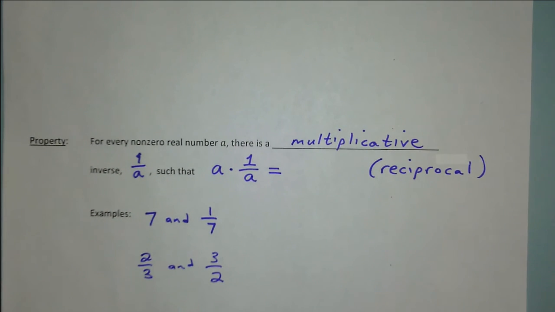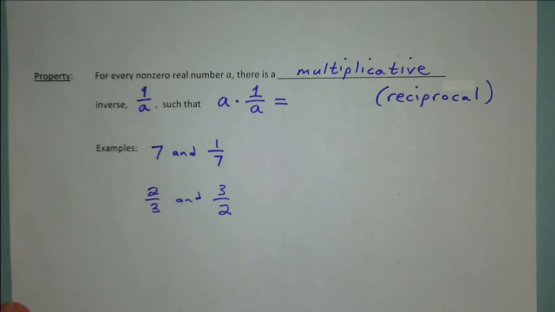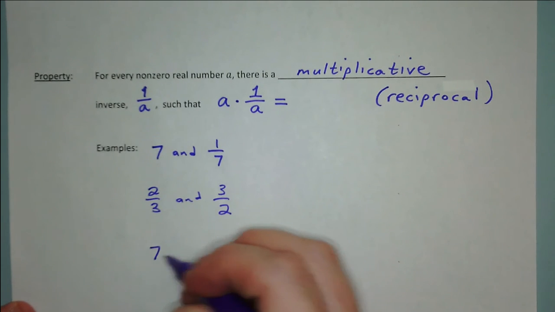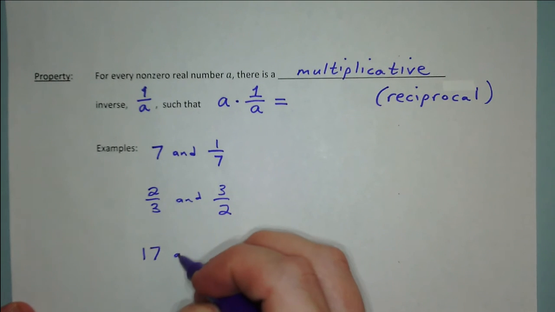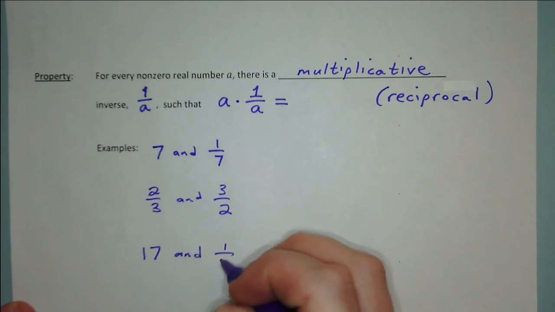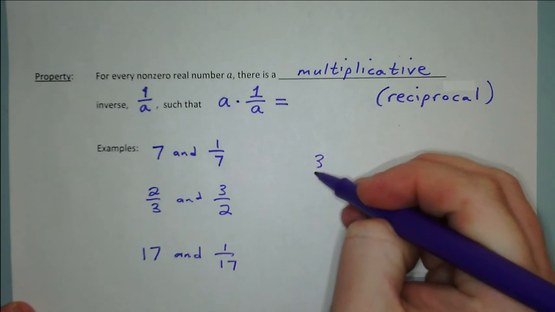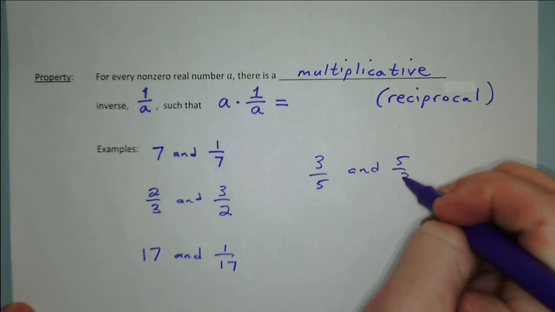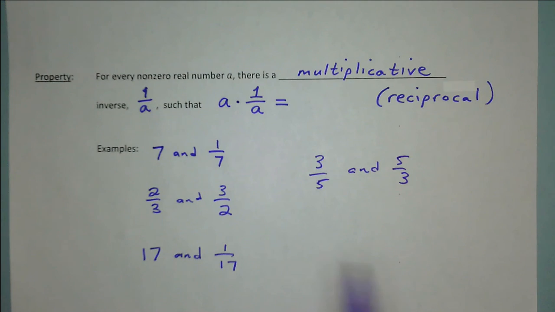I could give billions of other examples, like 17 and 1 over 17, or 3/5 and 5/3. Obviously there's an infinite number of them.